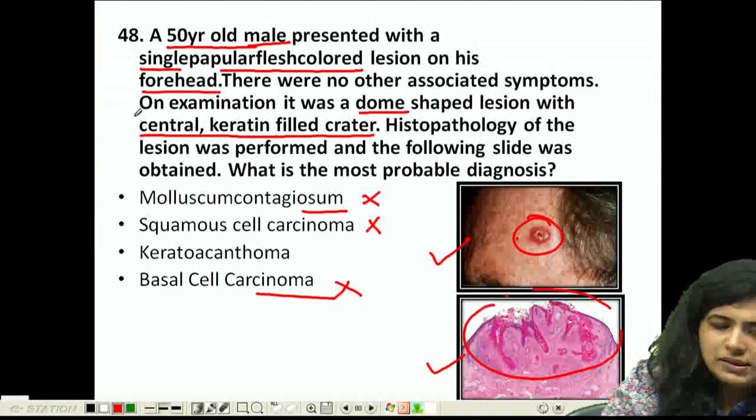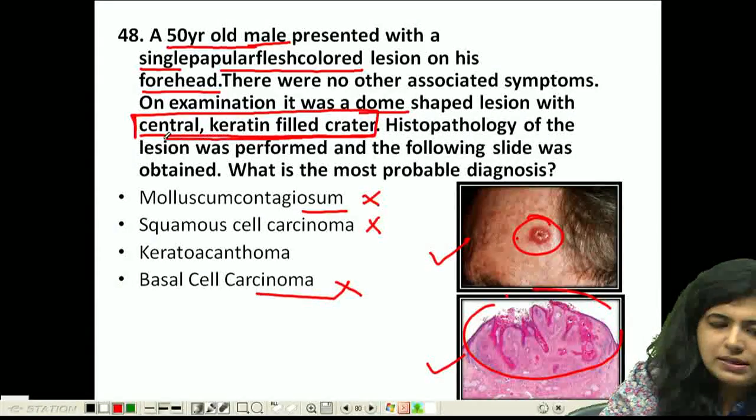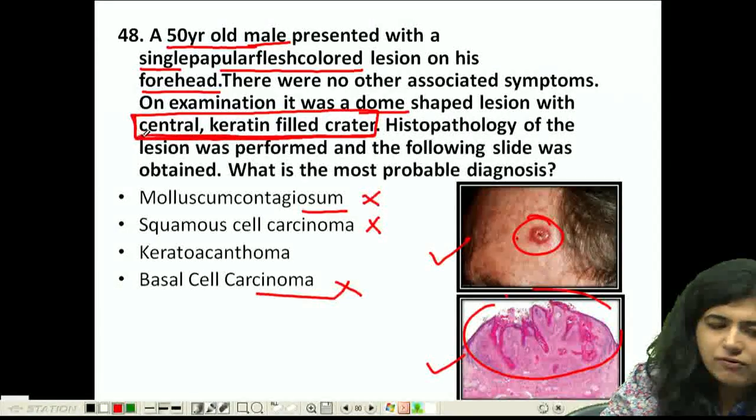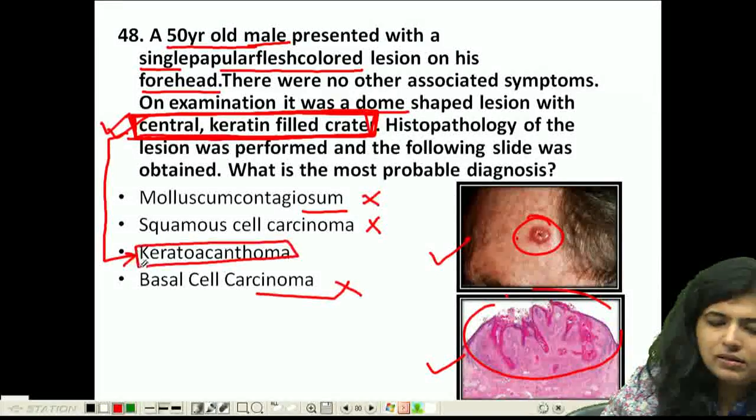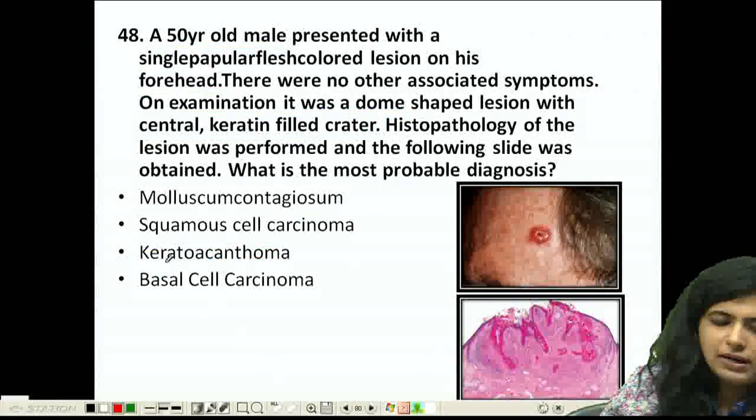Again, no. The central keratin filled crater is in itself a hint enough. Even if the clinical image was not given to you, this tells you that this is keratoacanthoma, right?